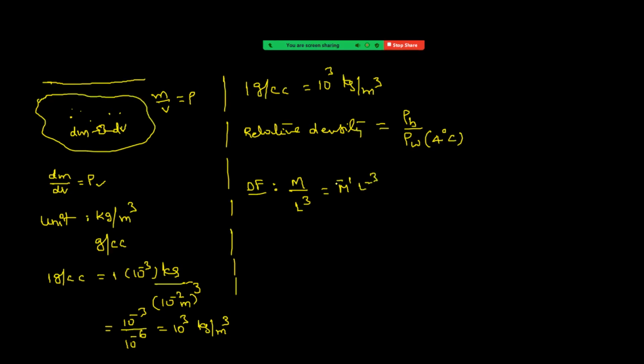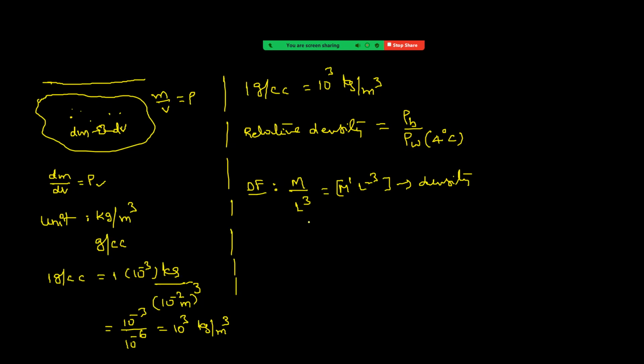That is the dimension formula for density. So for relative density, there is no unit and no dimensional formula. It is simply a ratio of the same quantity, that is density and density.